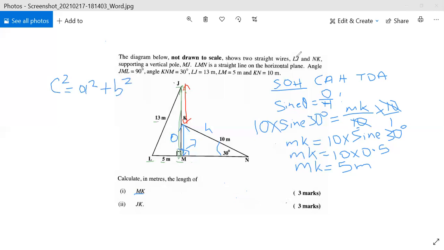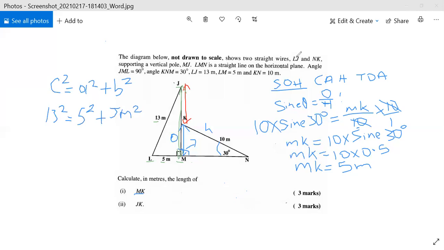So c squared is the hypotenuse, the longest side, so that's 13 squared, is equal to a squared, which could be the adjacent, 5 squared, plus b squared, which is what we don't know, JM squared.